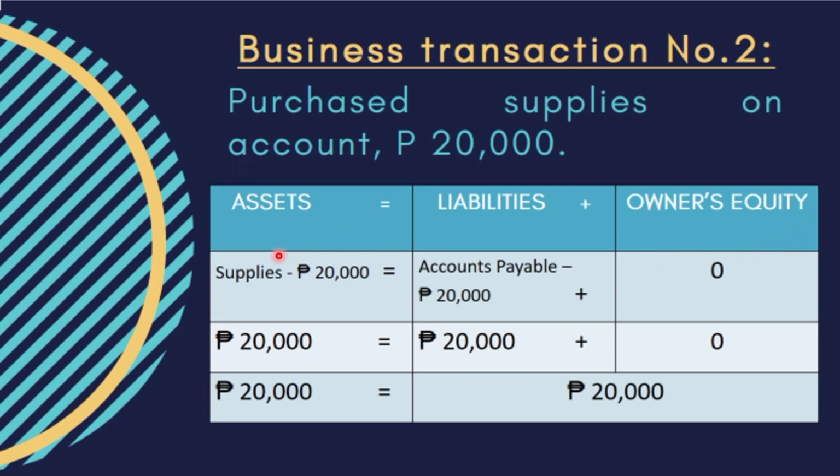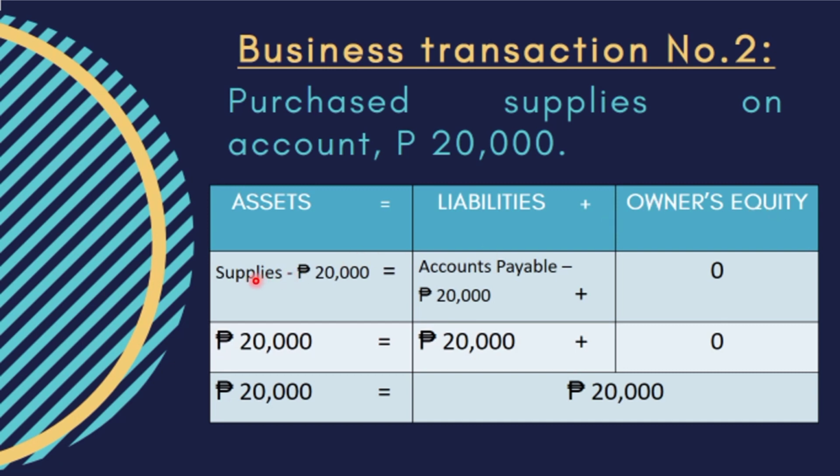So we will classify the supplies and the accounts payable. Supplies is an example of assets, while accounts payable is an example of liabilities. Then we will plot each account title on the corresponding column.